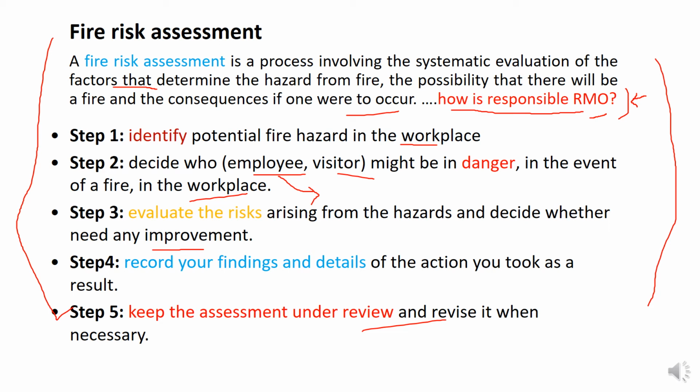The RMO is the risk management office of SQU. They keep these risk assessments using these five steps. Sometimes we don't know, but they are doing their job, and they install proper insulation and other measures if there is a chance of fire.